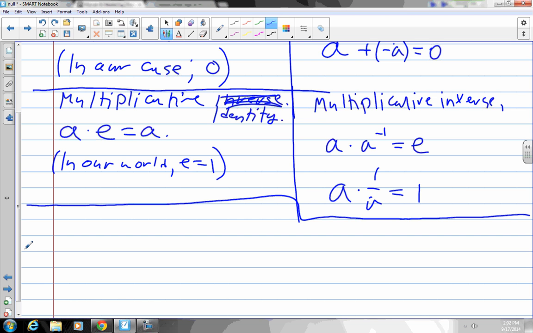What is the additive inverse of 2? What do you need to add to 2 to make 0? Negative 2. What is the multiplicative inverse of 2? 1 over 2. So negative 2 and 1 half. Are they the same? No. So the answer is no. 2 does not work.